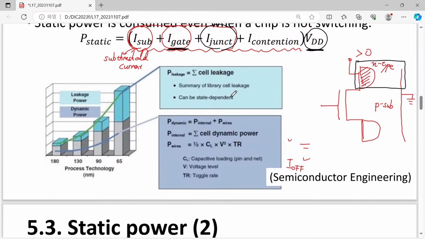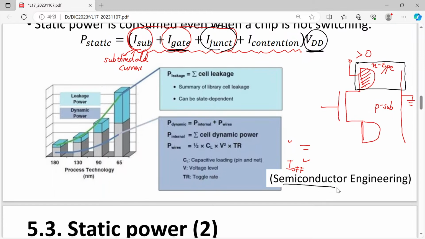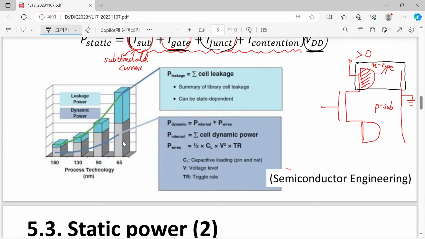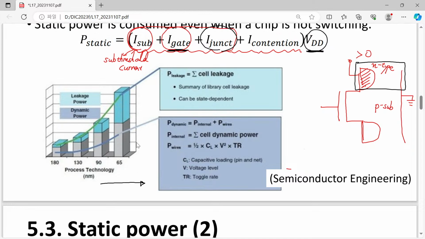I think that this is taken from a certain news magazine about semiconductor engineering, and this slide just compares the relative magnitude of dynamic power consumption and static power consumption. When you have a look at this chart, as we go to more advanced processor nodes, dynamic power consumption is growing, yes, but its growth rate is not that high.